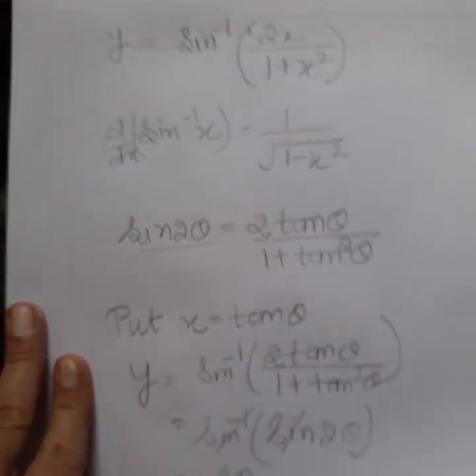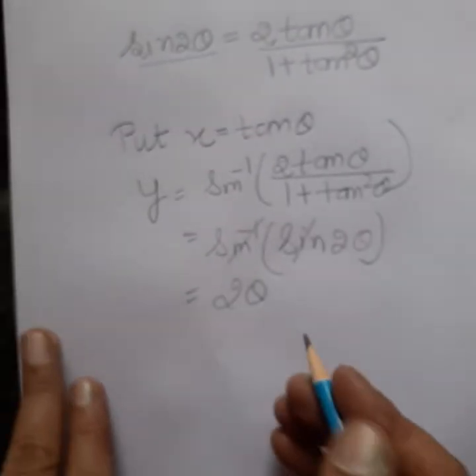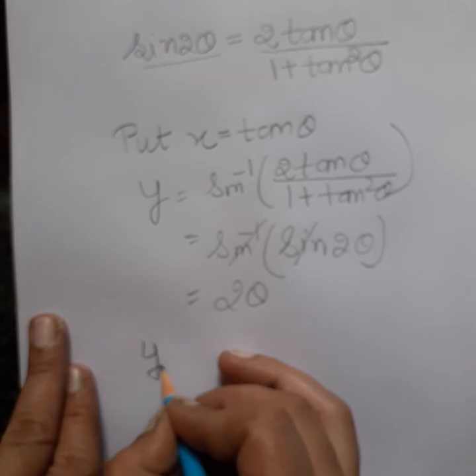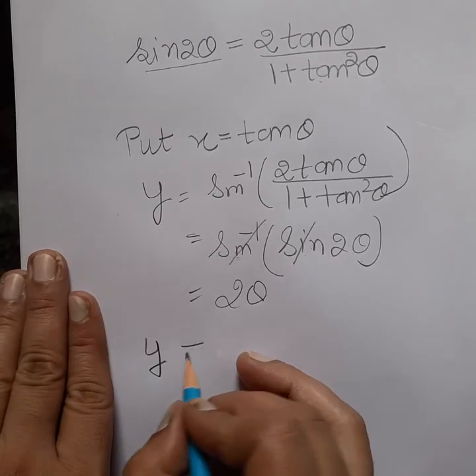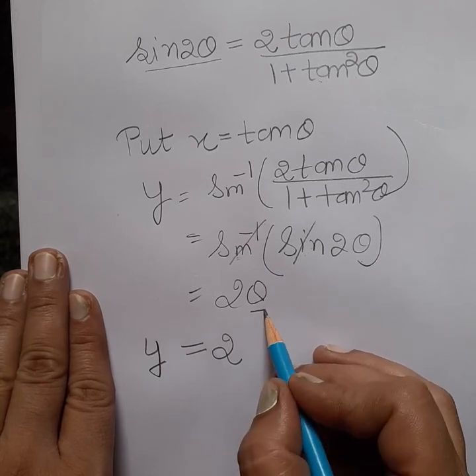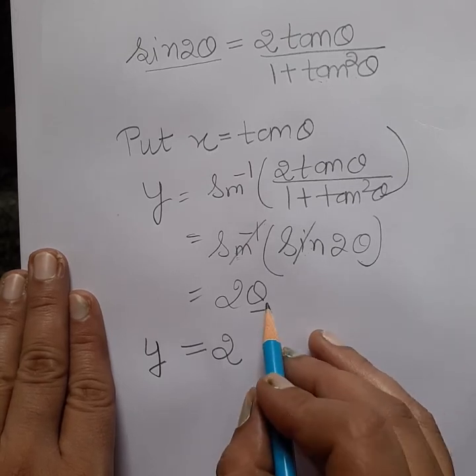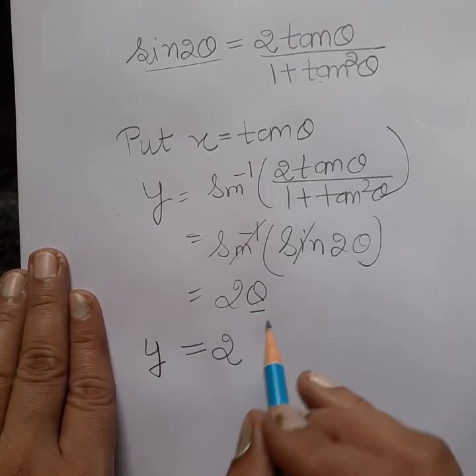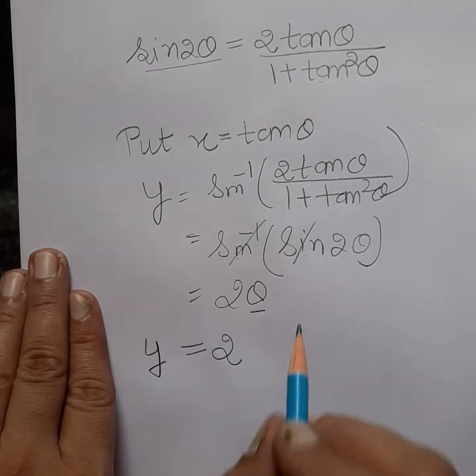Now we have to find the derivative of 2 theta, but for this we put the value of theta in the form of x, because we have to find dy upon dx, not dy upon d theta.